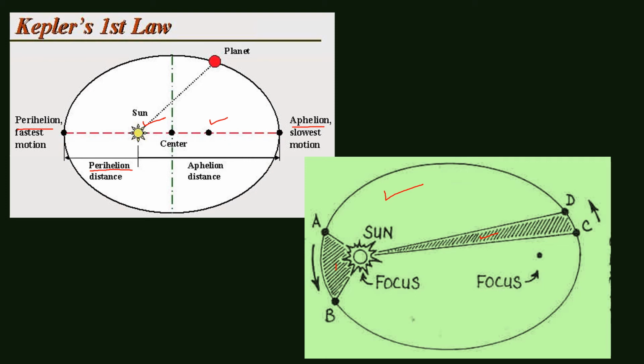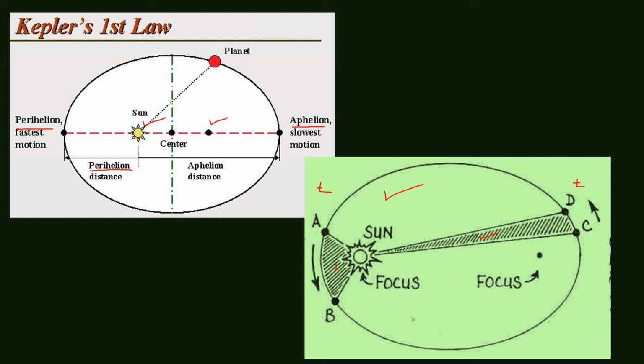However, A to B has a time, and C to D has a time. Both of these times are equal. The time it takes to go from A to B is the same time it takes to go from C to D. If that's the case, then the velocity is going to be much higher and faster at A to B than C to D. And this is basically what the second law states.